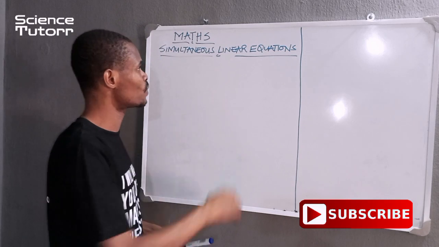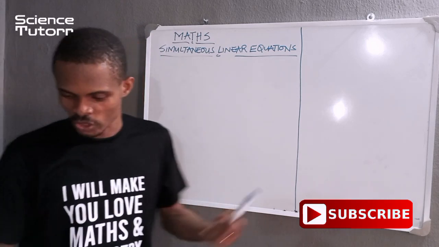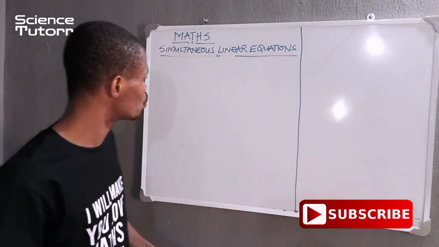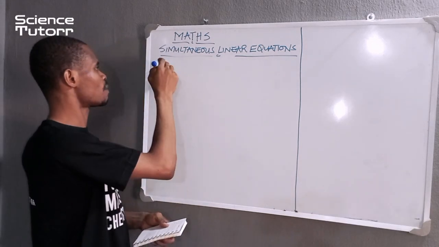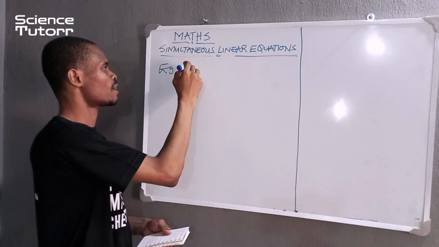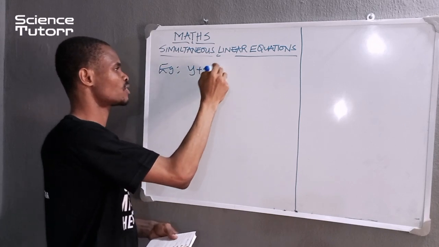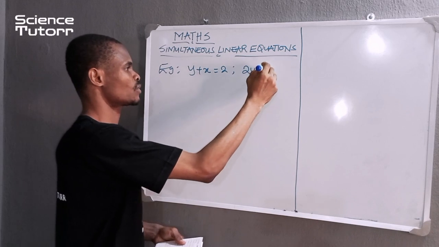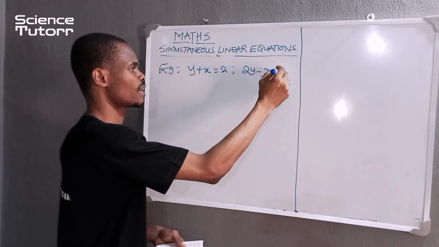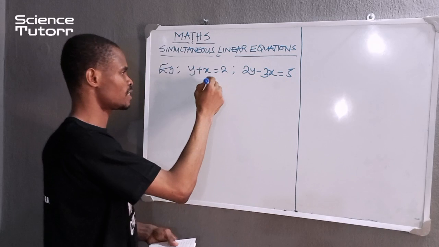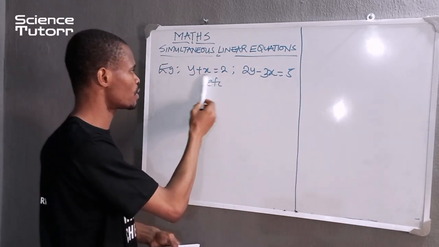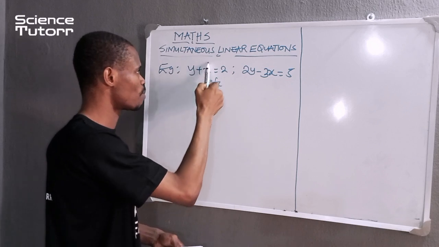So we want to briefly look at simultaneous equation as a topic. And before we begin, it is vital for us to list some examples. Examples are, we have y plus x equals 2. We have 2y minus 3x equals 5. These are linear equations. Two variables, y and x, raised to power 1.